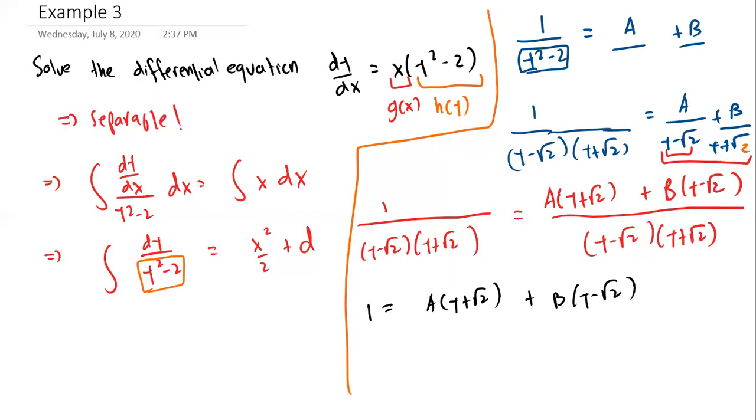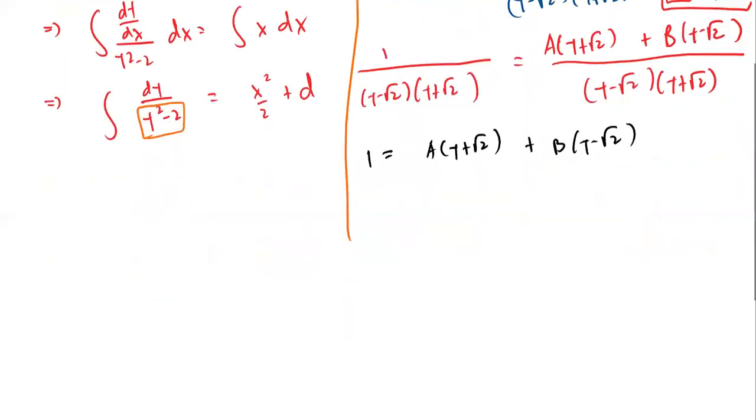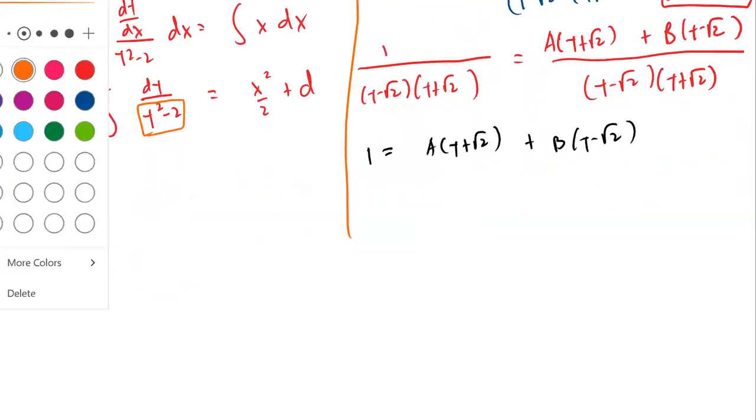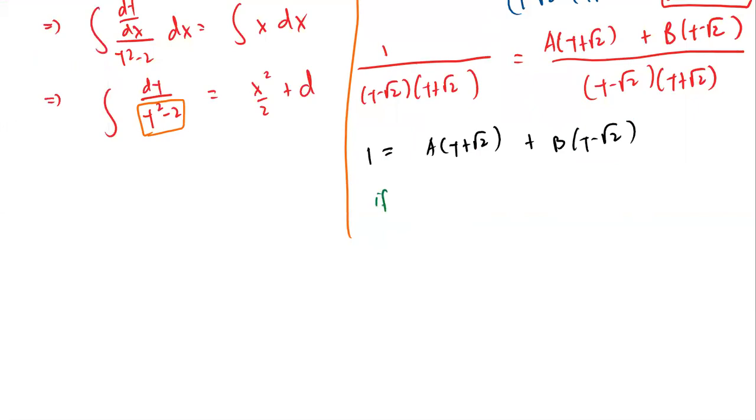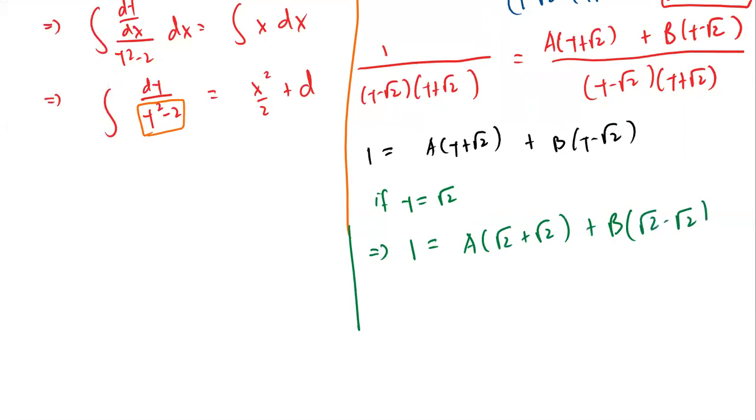So what constants A and B satisfy this equation? There are a couple of ways you can do this. The easiest way for me is that this equation has to be true for all values of y, so we can choose specific values of y that simplify this. For example, if we let y be square root of 2, then this equation becomes 1 equals A times (square root of 2 plus square root of 2) plus B times (square root of 2 minus square root of 2).